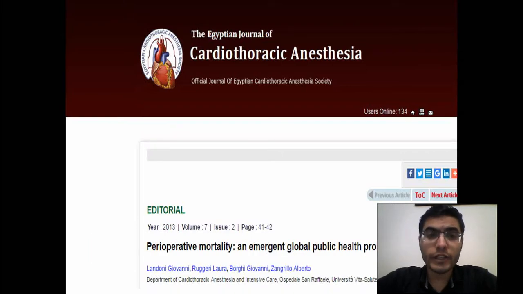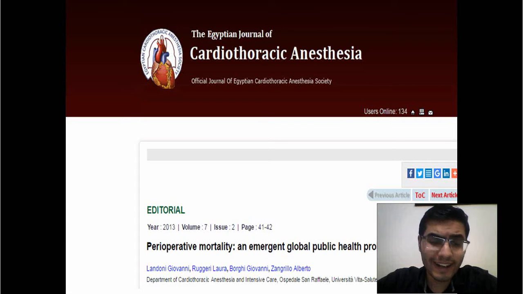Unfortunately, here in Egypt we have no specific data about perioperative mortality, and by googling the literature I found an article under the title of Perioperative Mortality, an emergent global public health problem, published in the Egyptian Journal of Cardiothoracic Anesthesia.